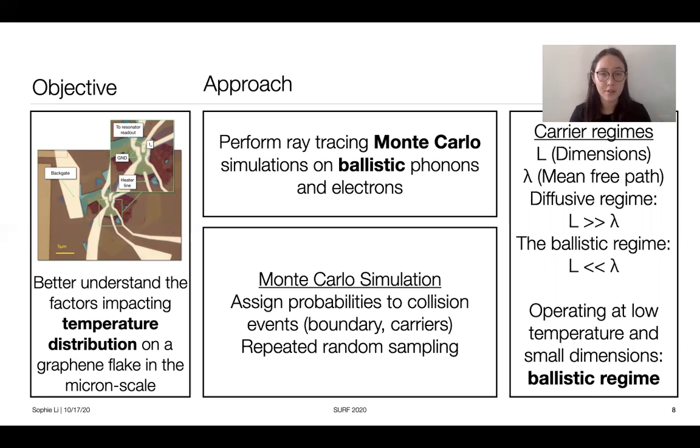However, in the ballistic regime, L is much smaller than lambda, which means a particle is much more likely to collide with the boundary before, making it much more important within the simulations. Because our detector is at a very low temperature and we're looking at very small dimensions, we fall within the ballistic regime for now. And that's why our Monte Carlo simulations were initially just ballistic phonon and electron simulations.